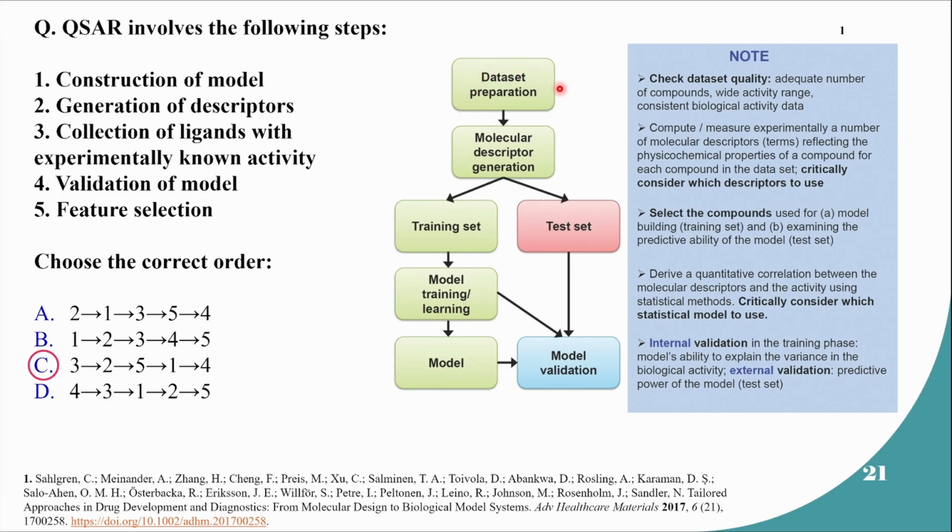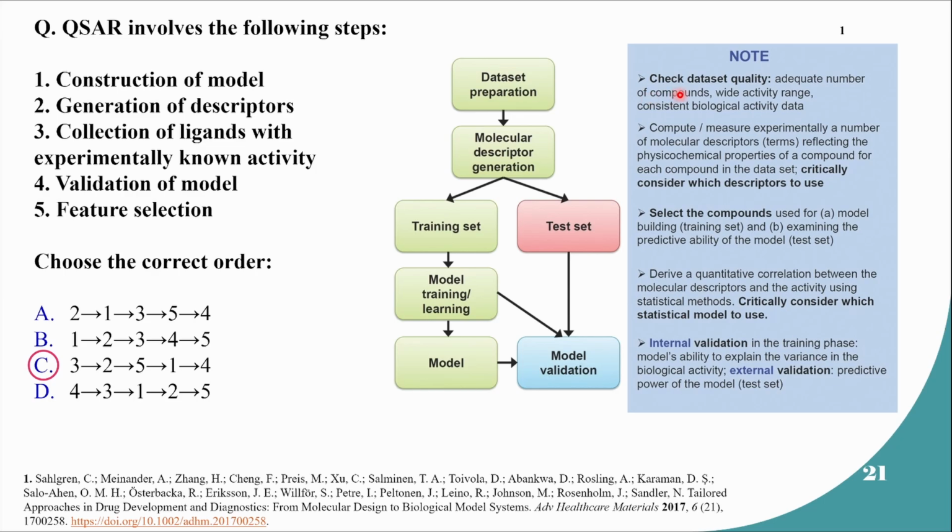So in the right hand side figure, we also see dataset preparation and then molecular descriptor generation, and of course there is some training set, test set, and so on. So in training set we will do model training, and after we get the final model, then we have to do the validation and so on, right? So you might have also seen a similar type of approach in a machine learning kind of algorithm, where you also need to do these training set, test set, and ultimately validate the models.